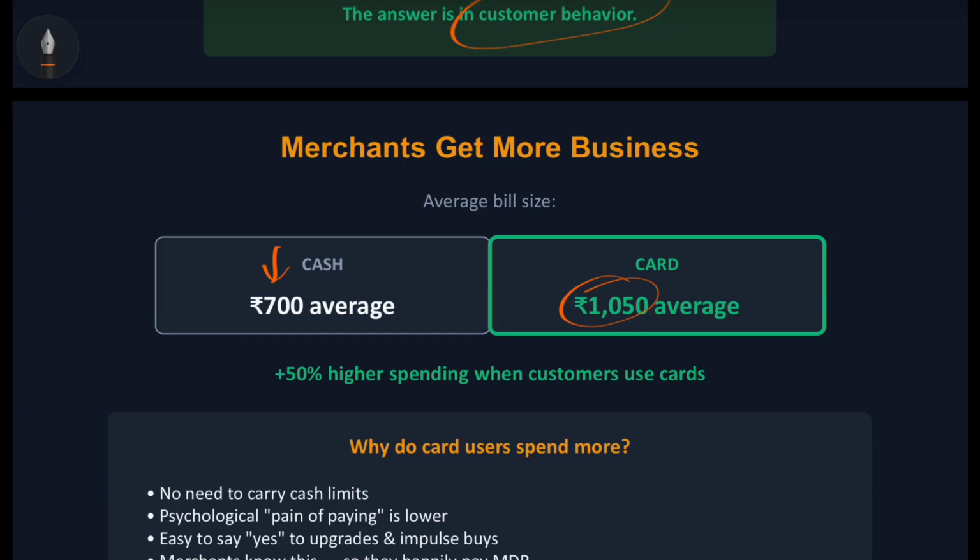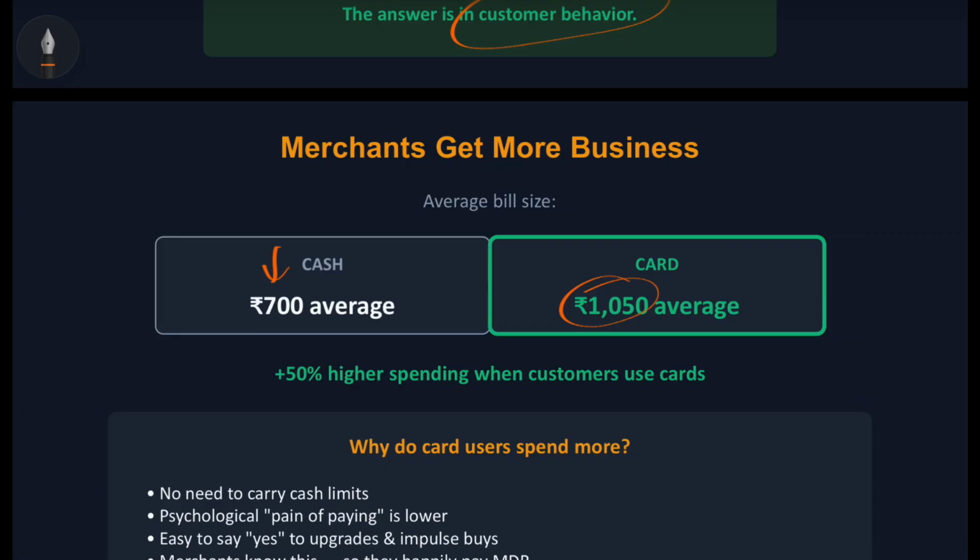But why? See, whenever you are carrying cash and have to do a transaction, you first take it out of your wallet, you count your bills, you give it to the merchant, and it is actually painful because money, cash, is tangible, right?